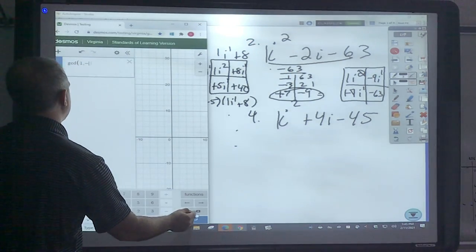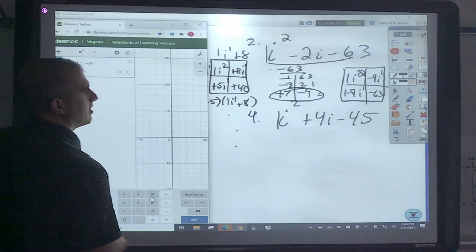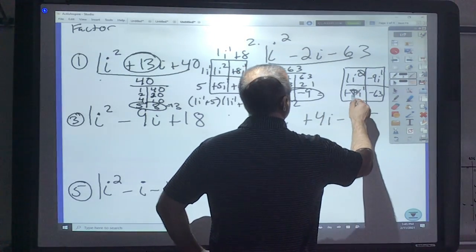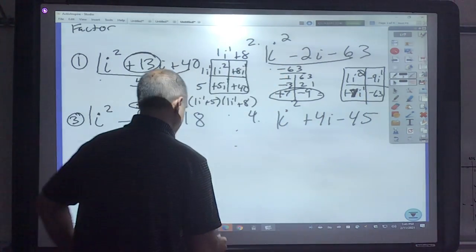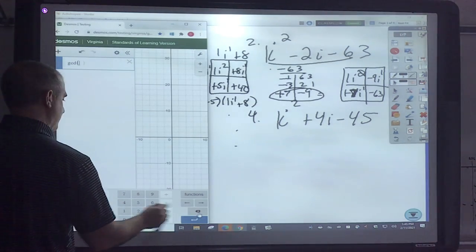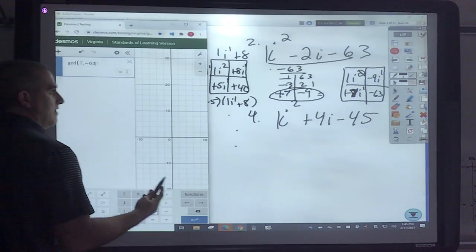I got 1 and -9 is 1, and then that's a 7 there. 7 and -63 is a 7.